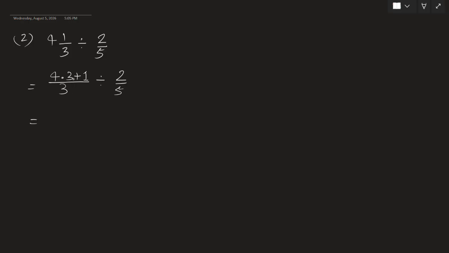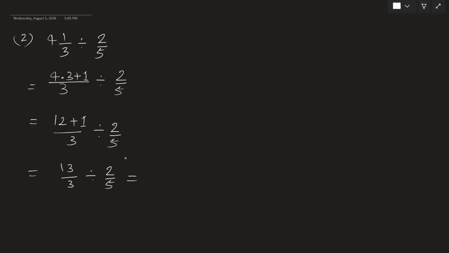So 4 times 3 gives us 12, plus 1, over 3, divided by 2 over 5. 12 plus 1 gives us 13 over 3, divided by 2 over 5. The mixed fraction is converted into an improper fraction.